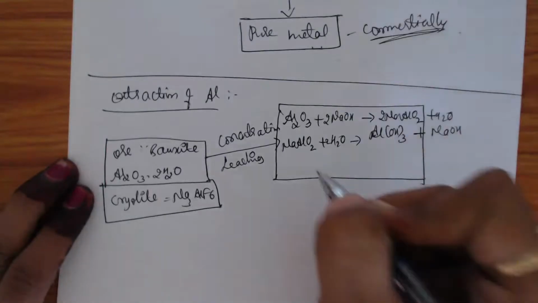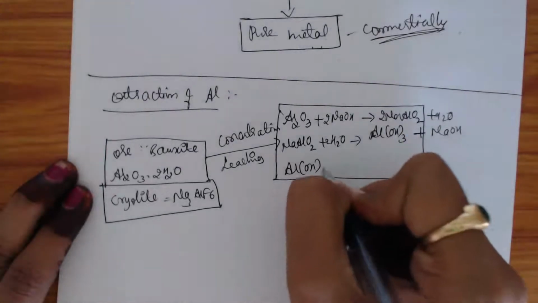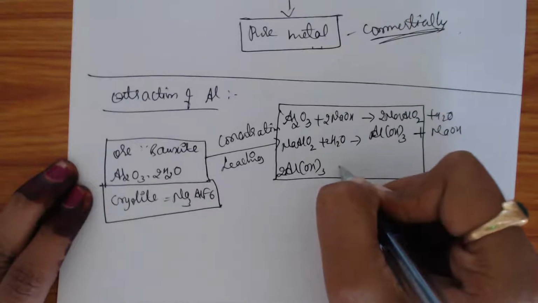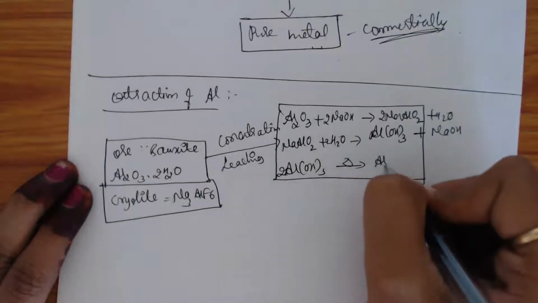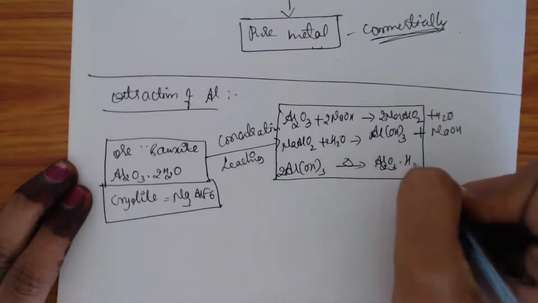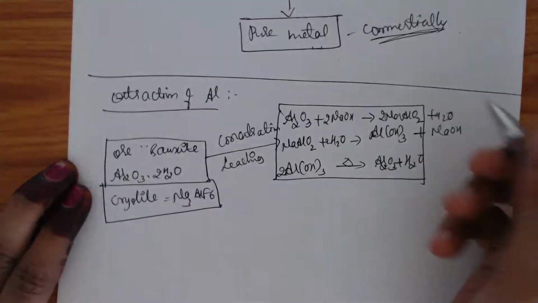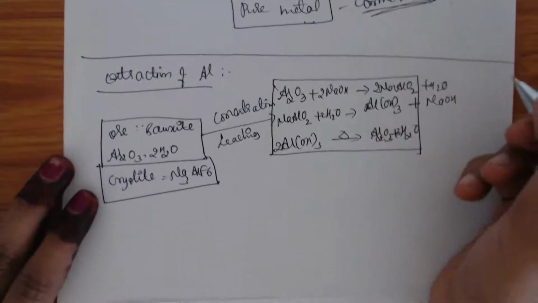This aluminium hydroxide is heated, and it forms aluminium oxide plus 3 moles of H2O.